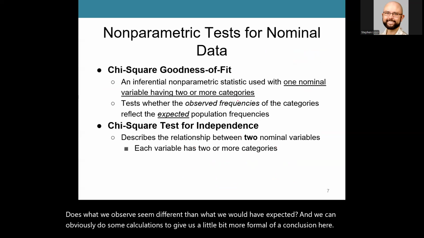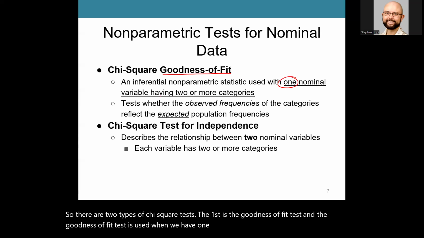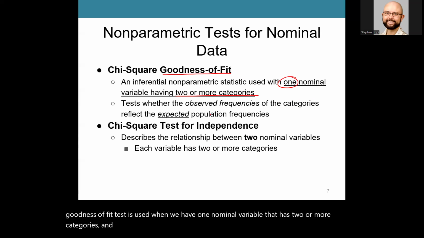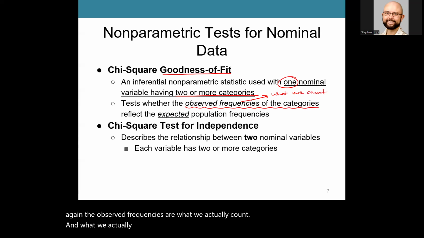So there are two types of chi-square tests. The first is the goodness of fit test. And the goodness of fit test is used when we have one nominal variable that has two or more categories. And what we're testing is whether the observed frequencies of that category, again, the observed frequencies are what we actually count and what we actually measure, reflect the expected population frequencies.